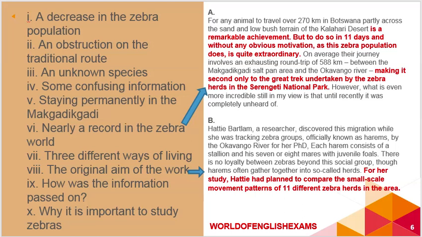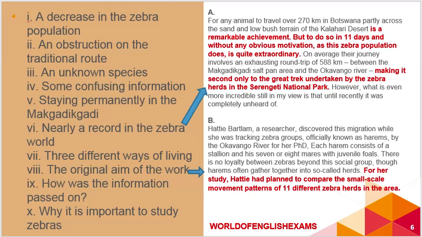Let's continue reading. Each harem, as we have seen in the earlier sentence, is a group of zebras. Each harem consists of a stallion and his 7 or 8 mares with juvenile foals. Okay, this sentence also is not giving any information. Let's proceed.